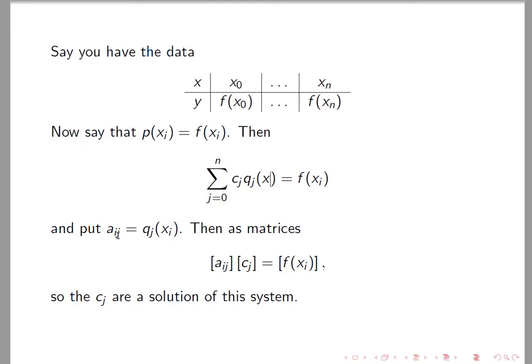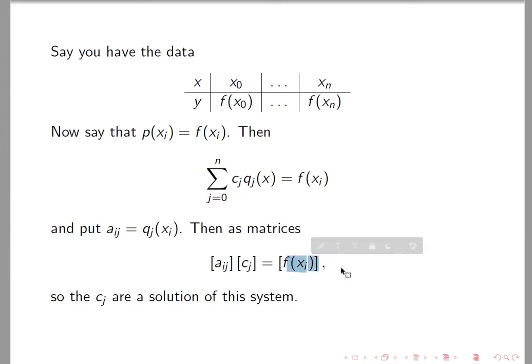Okay, so this is a system of linear equations. We can put it into matrices as below, where we have an A matrix, which has the Aij coming from these terms right here, our cj again from here, and the constant column here.